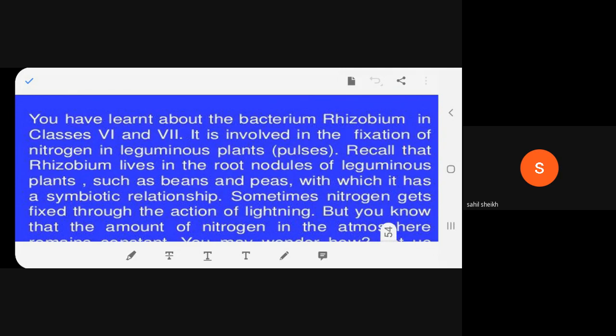So what are pulses? They are leguminous plants, for example, beans and peas. So what sort of relationship are they having with the plants? Symbiotic. What does the symbiotic relationship tell you? Can you define symbiosis? What is the meaning of symbiotic relationship, beta?